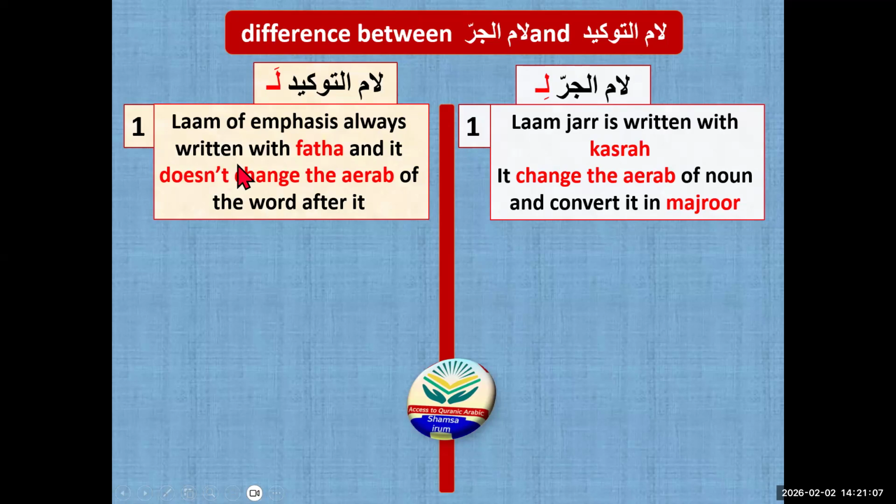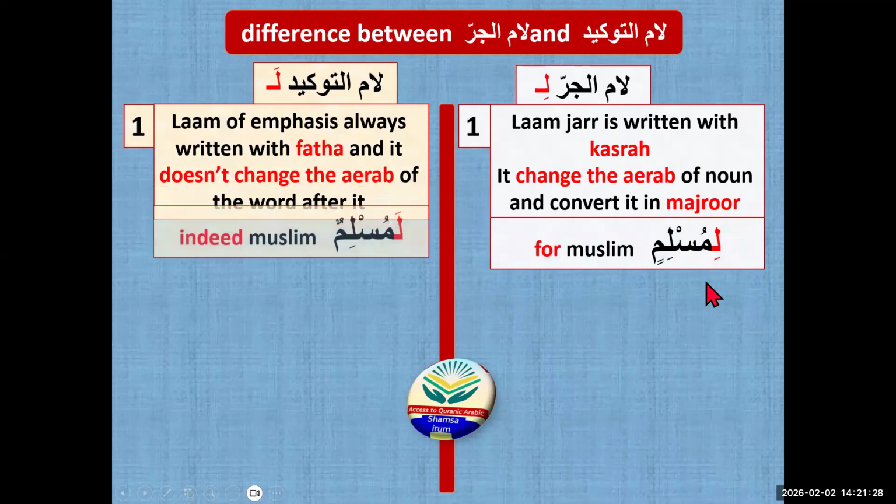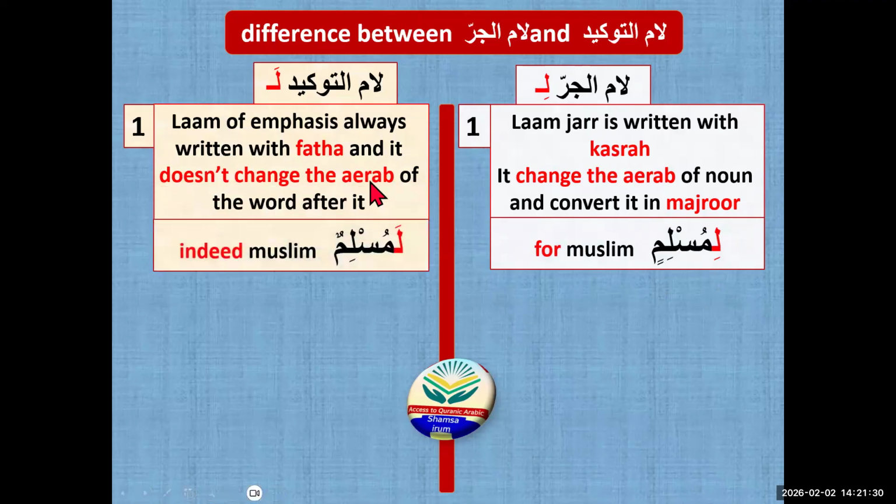And the second difference is that it doesn't change the i'rab of the word after it. It doesn't bring any change to the word after it. Now I will give you an example for the Laam of Jar, like li muslimin. Li gives the meaning for. On the other hand, the Laam of Tauqeed, la muslimun.